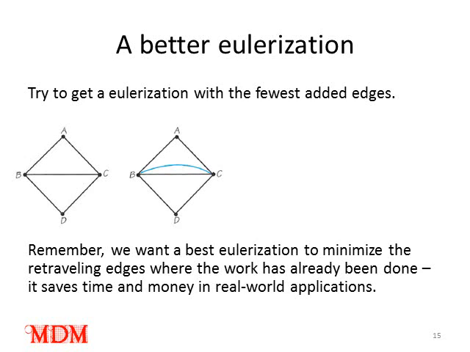You may have already noticed that edge BC would be a better Eulerization of this particular graph. By duplicating the edge BC, we have only added one retracing of an edge, whereas earlier we had two.